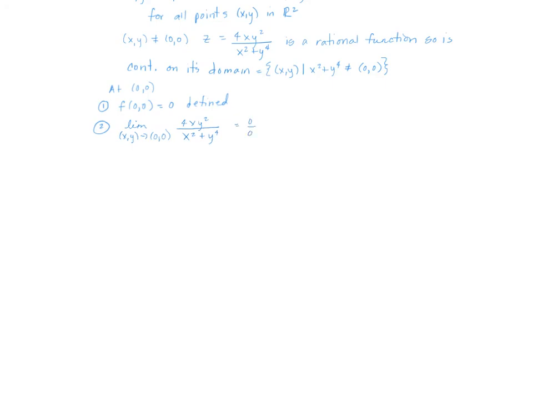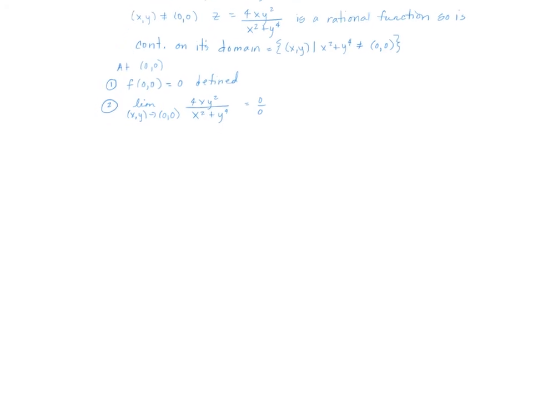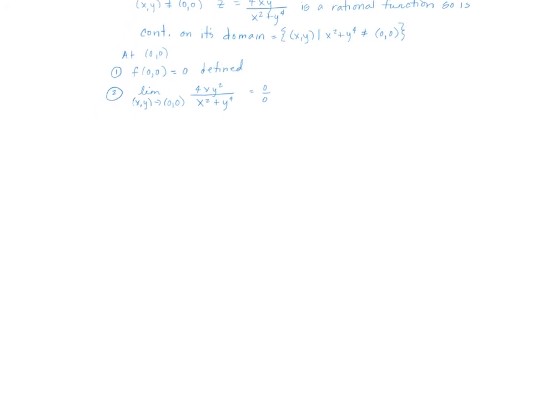So I can try algebra. I can see algebra is not going to work. And the next thing I want to do is see if I can get rid of something. Let's see. If x is y squared, my numerator becomes y to the 4th. In the denominator, I'll have y to the 4th plus y to the 4th. So all my y's will be to the 4th power. I'm going to let x equal m y squared.